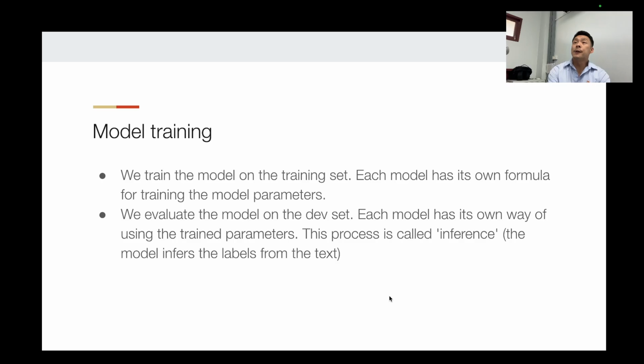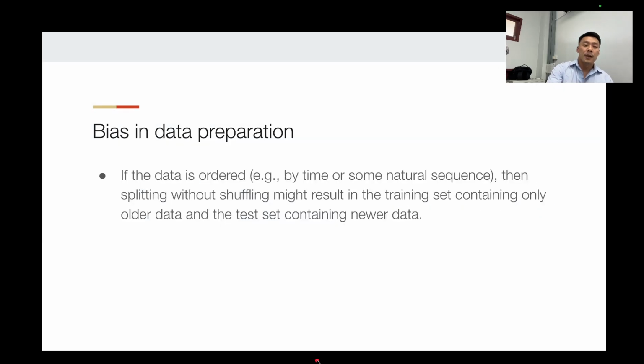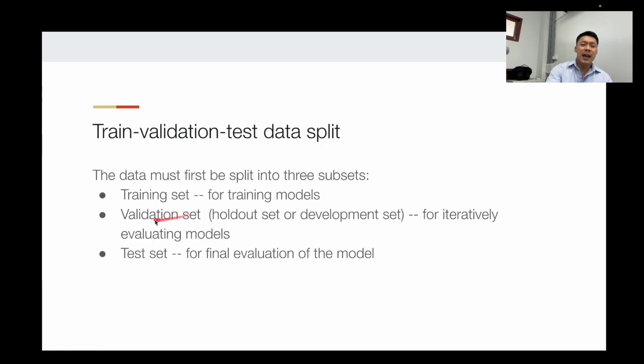To train the model, each model has its own formula, a different equation on how it uses the data. Once we train the model, we evaluate on the dev set. Oh, sorry. The validation set has 2 more nicknames: holdout set and dev set. But they're all the same.